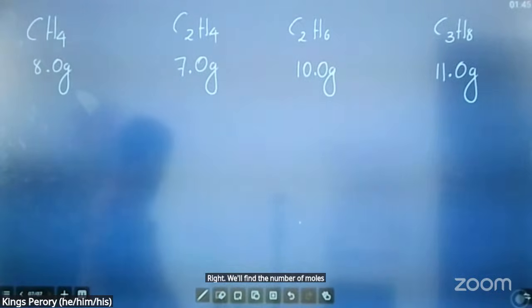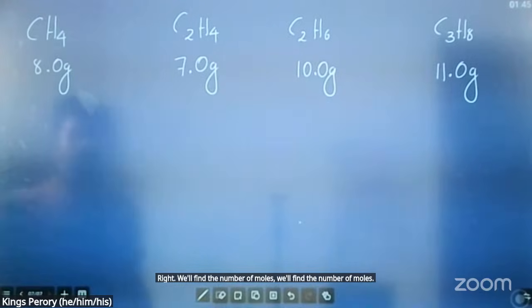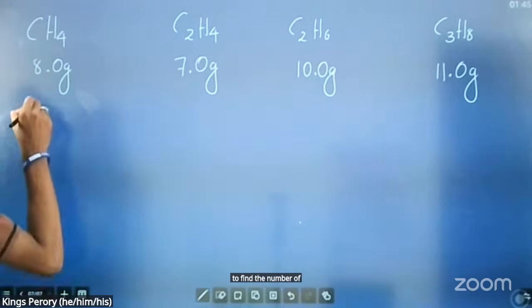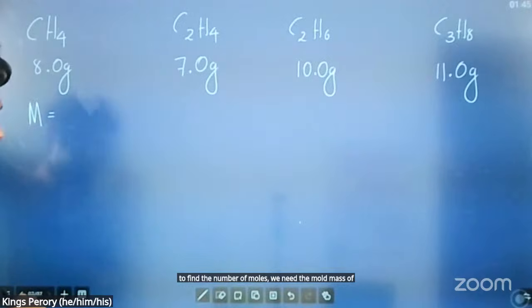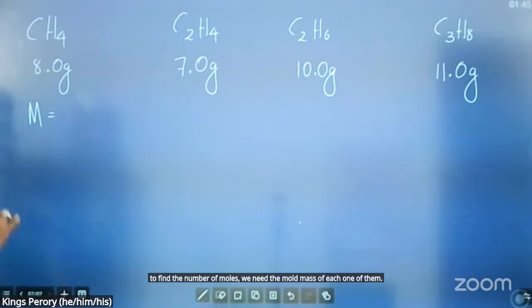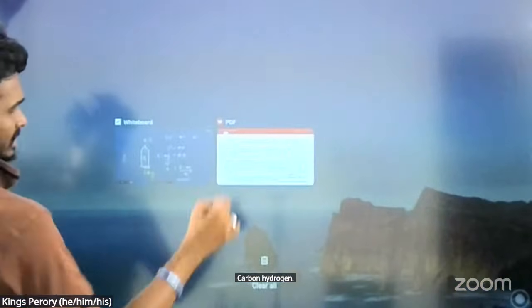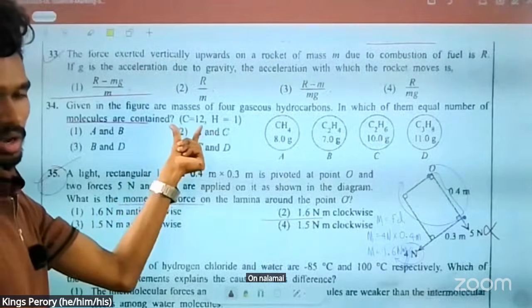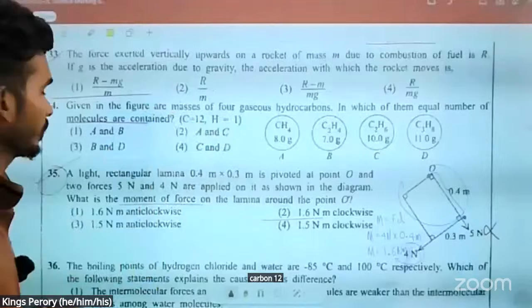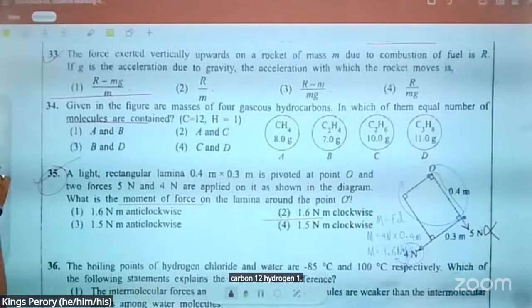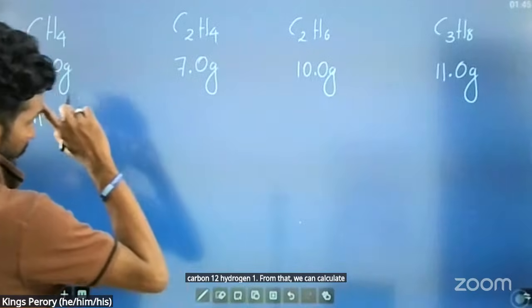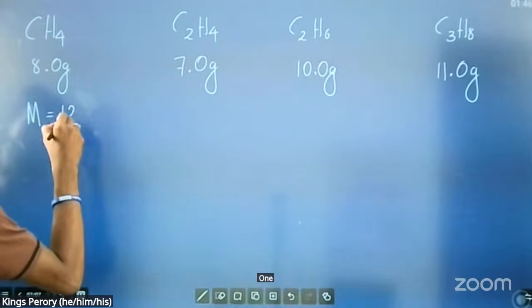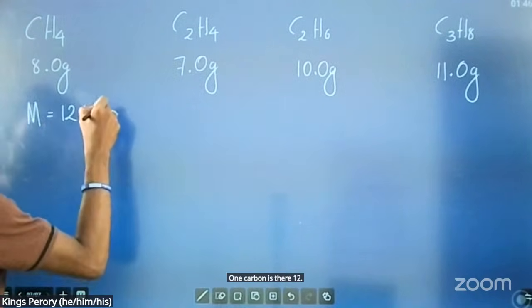We'll find the number of moles. To find the number of moles, we need the molar mass of each one of them. Carbon 12, hydrogen 1. From that, we can calculate their molar masses. For CH4, 1 carbon is 12, 4 hydrogen are 4.